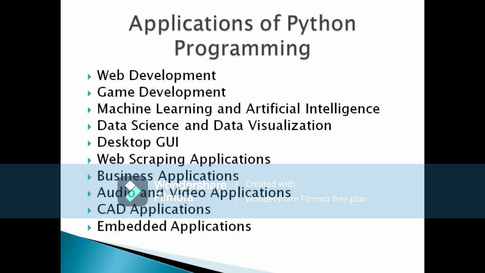Then we have data science and data visualization. Similarly, we can generate different types of graphs if we are working as a data scientist. Then we have desktop GUI. Python is used to program desktop applications also.